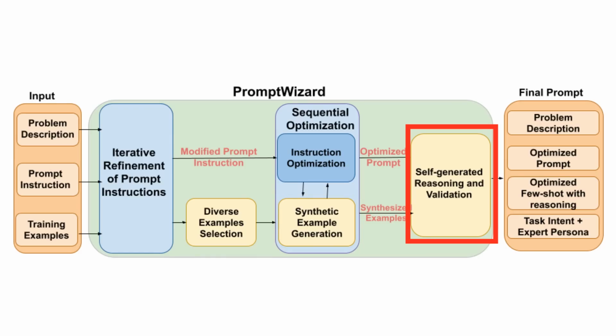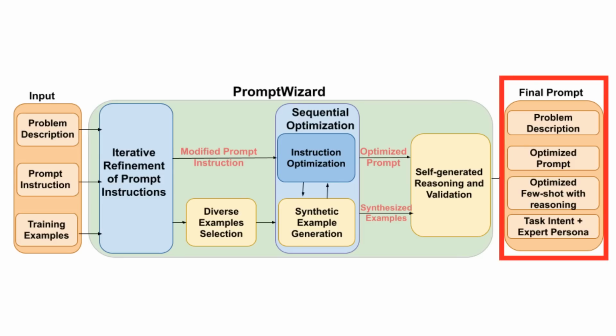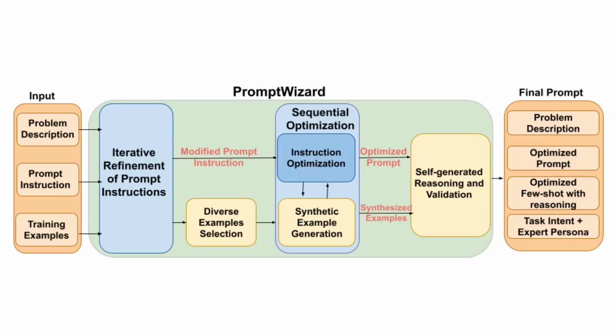And then finally, it can generate these self-generated reasoning and validation. This is going to be through the chain of thought, etc., until finally we get a clear, optimized prompt, some optimized few-shot examples with the reasoning chain of thought, etc., and the task intent and expert persona that we can use coming out of this.